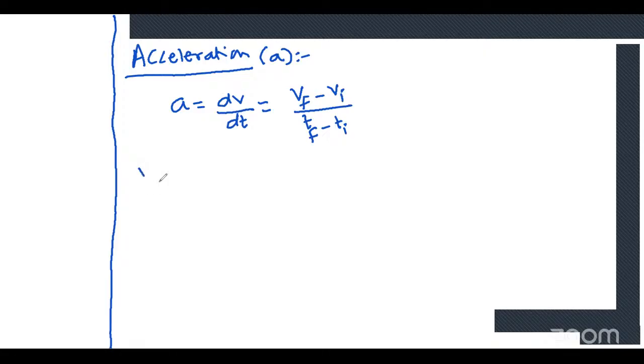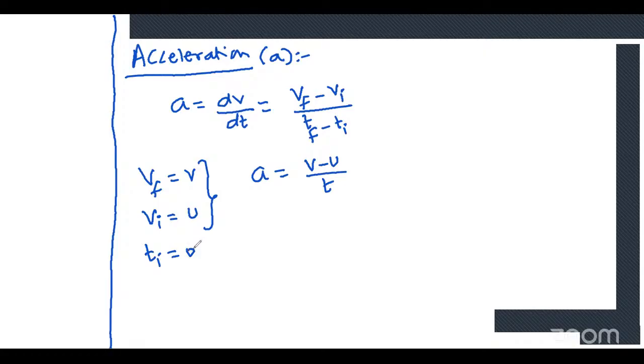Final velocity we indicate with v and initial velocity with u. So by definition, a equals v minus u by t, because initial time will be 0.